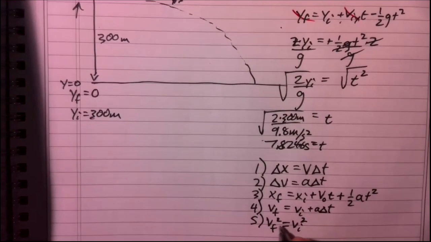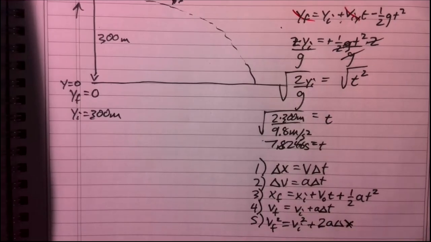Don't forget that these are squared. That is really important. If you forget that square, your answer will be way off. And then this is plus 2 times the acceleration times x. Now, this last equation does not have time, and so it would not work for this problem.